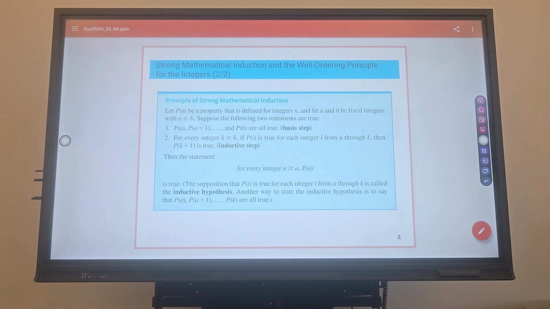And then for every integer k greater than b, if P of i is true for each integer i from a through k, then P of k plus 1 is true, the inductive step. Then the statement for every integer n greater than or equal to a, P of n is true.